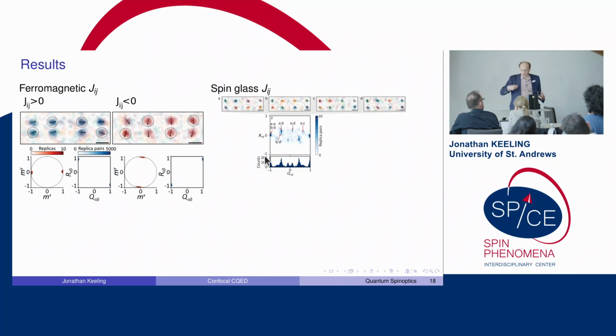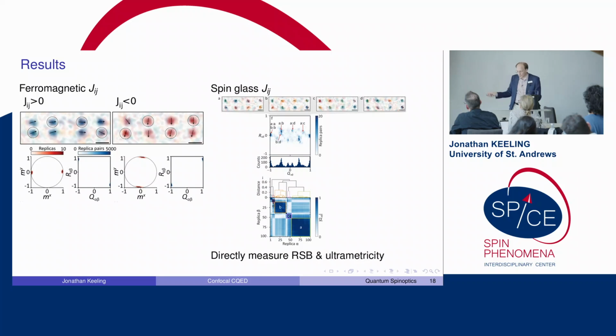It's the probability distribution of getting a particular overlap between 2 replicas in the experiment. What you can also do directly from the experiment is you can measure the properties of all of those replicas, how similar two replicas are to each other, and you can directly test ideas that have been theoretical ideas in the spin glass literature, such as ultrametricity, from this experimental probe.